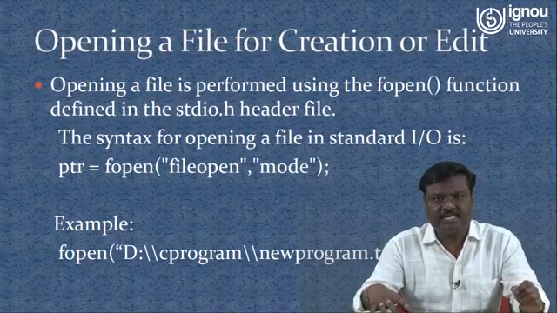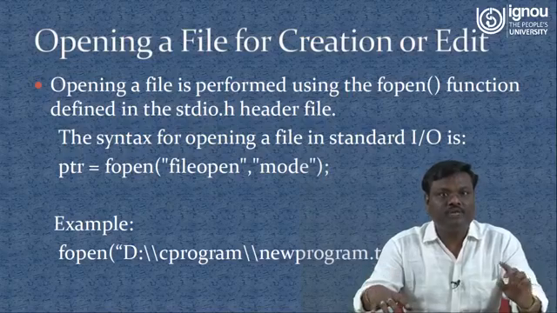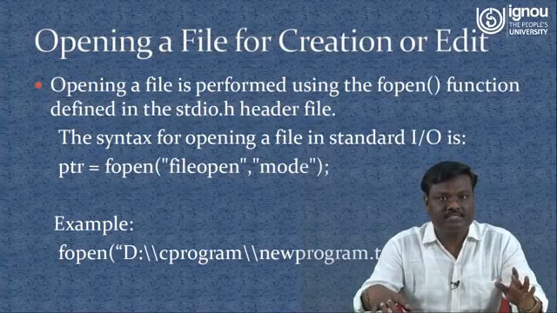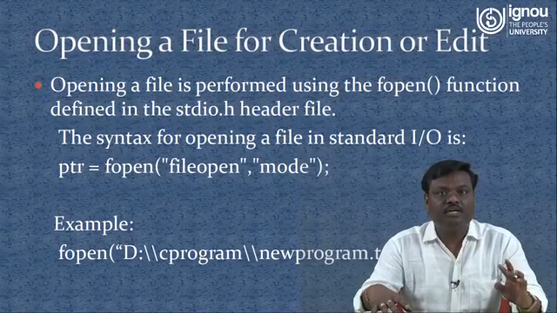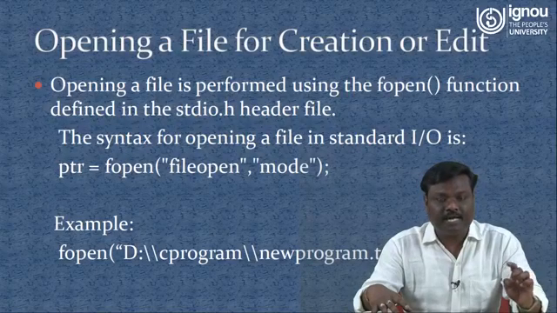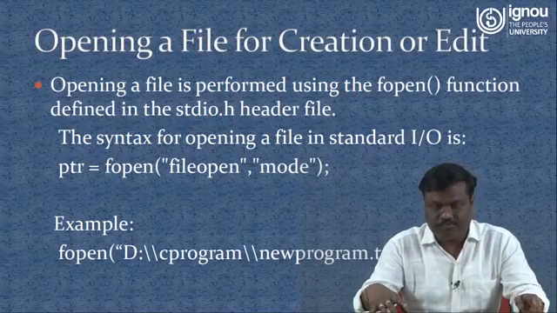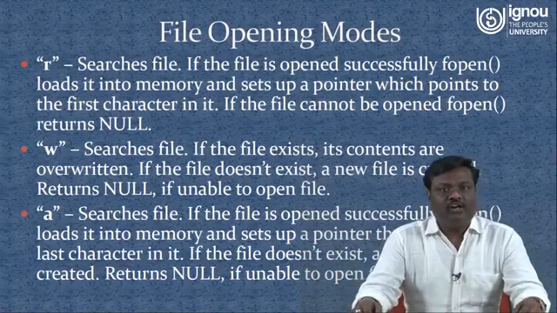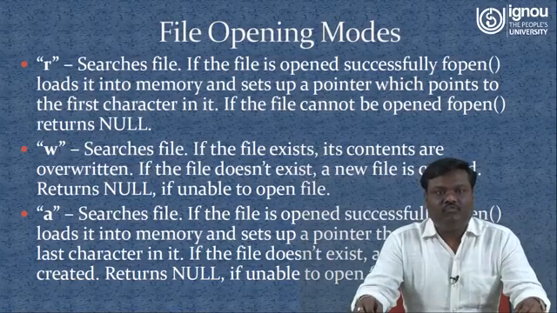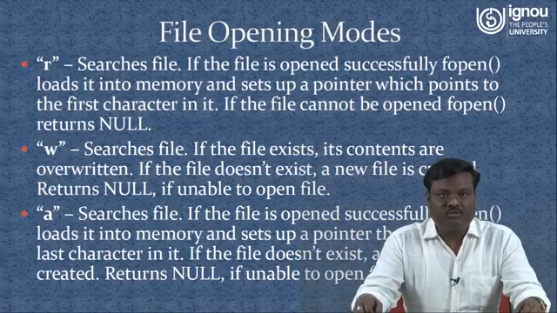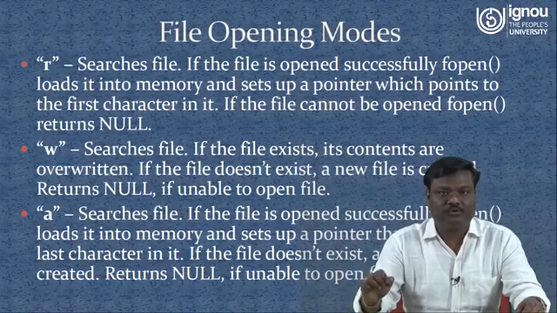You can see the example here: fopen, within the double quotes you mention the complete address along with the file name, and the second argument we are passing is the write mode, W. So file opening modes, as I told you: one is R, the read mode, the second is write mode, and the third is A, the append mode.